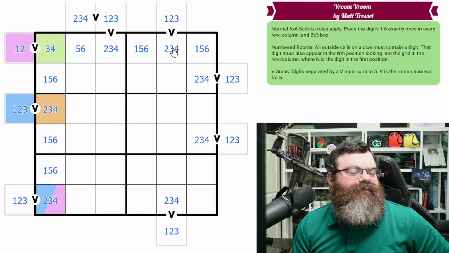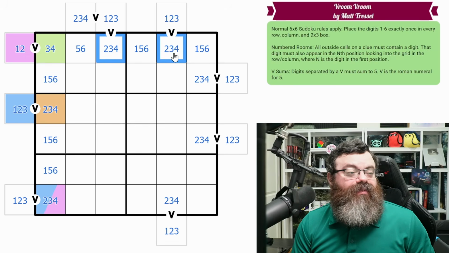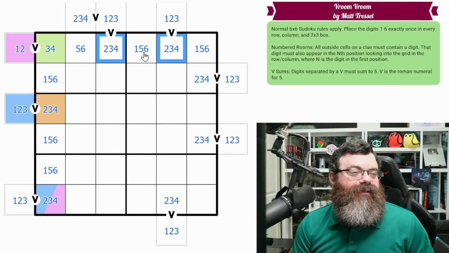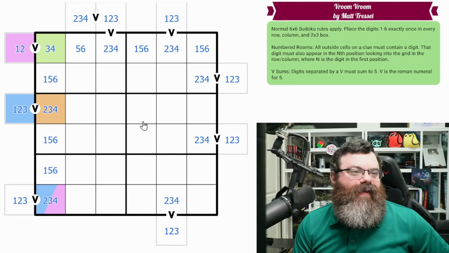Can I do anything with the verticals? We also have this 2, 3, 4. So one of these is orange. I don't know which one. And the other is blue or purple. It depends on what this is. I don't know. So how about this digit?